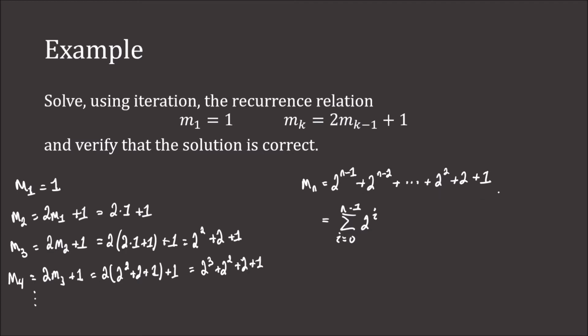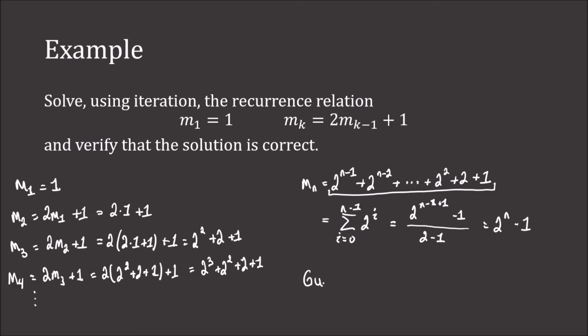So we're just writing this whole term as a summation. And then we can say, well, this is a geometric summation, and we proved the property about that. This is going to be (2 to the n minus 1 plus 1, minus 1) all over 2 minus 1. And this will simplify to 2 to the n minus 1.